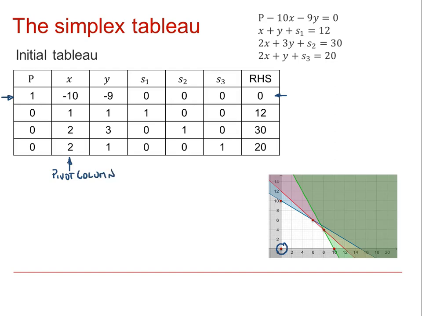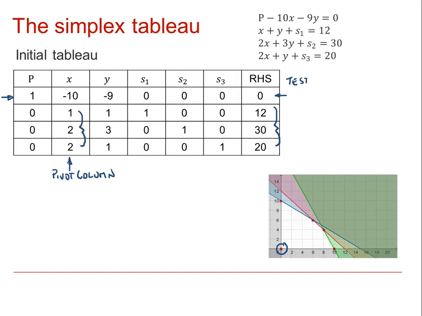What we're now going to do is decide how much we can change the value of x by to increase the objective function. There's a test to do that, sometimes known as the ratio test, which says take the numbers in the rows below the objective row and divide them by the corresponding numbers in the pivot column.